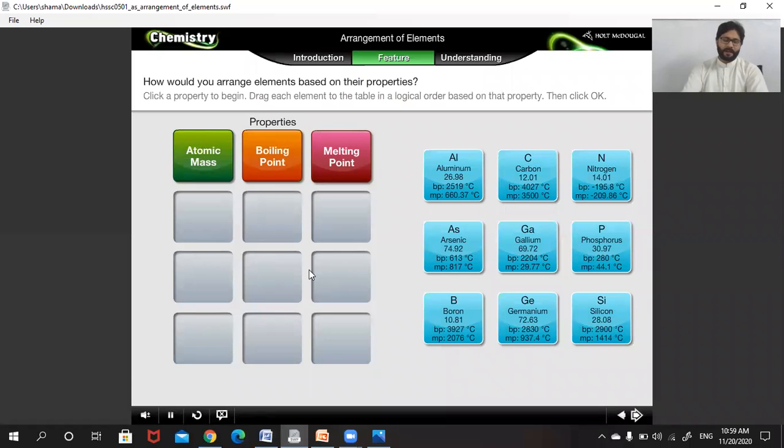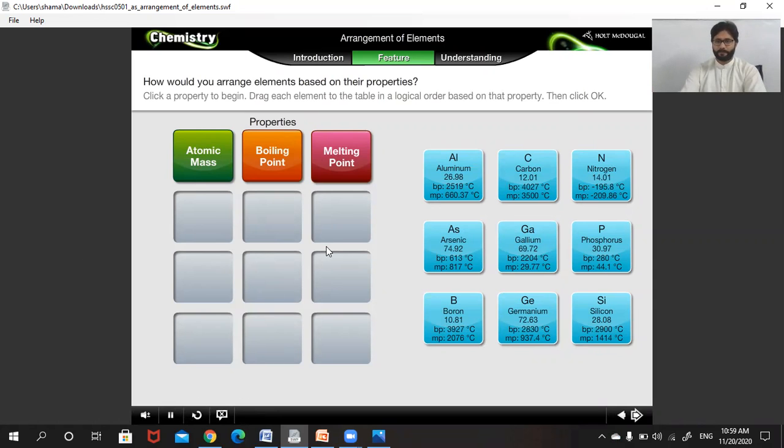Now, dear student, we are talking about how Mendeleev arranged the elements. Definitely, he focused on some of the properties. Which properties? Melting point, boiling point, atomic mass, or something else. So we have to look at this activity over here.